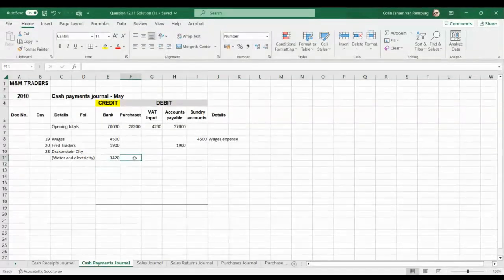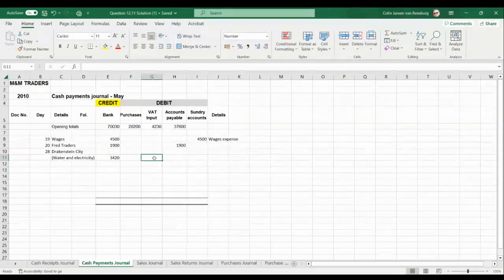Does it affect our purchases, ladies and gentlemen? The water and electricity that we pay to Drakenstein City. Does it affect purchases? No, it doesn't affect purchases because we haven't bought any merchandise.